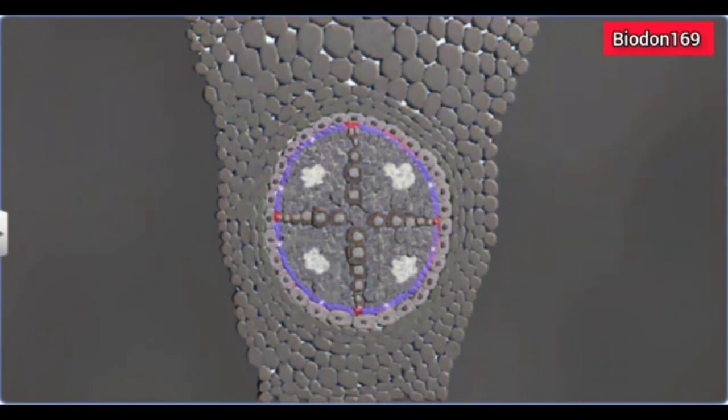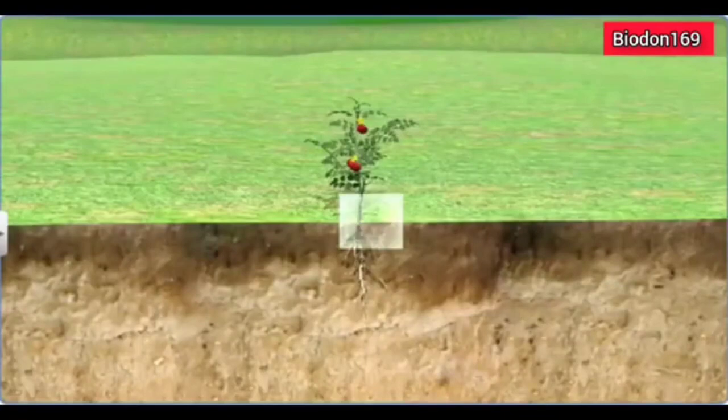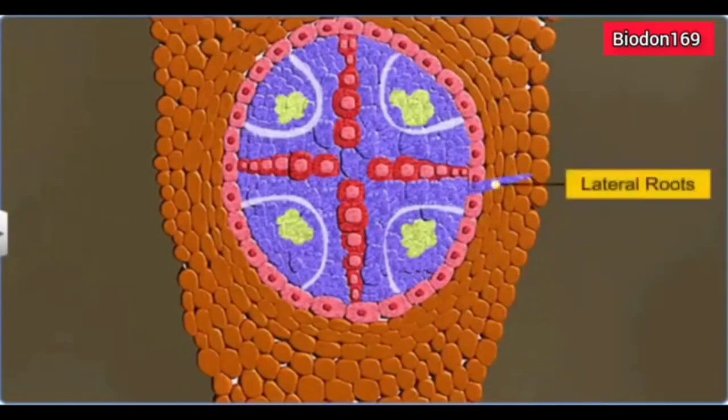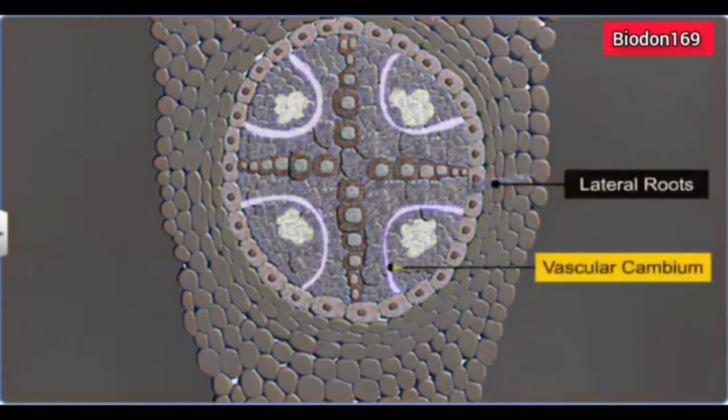This is known as the pericycle. Secondary growth, such as initiation of lateral roots and vascular cambium, takes place in the cells of the pericycle.